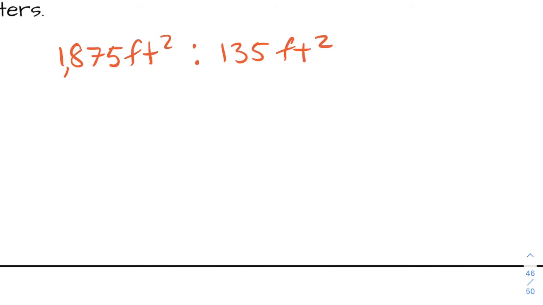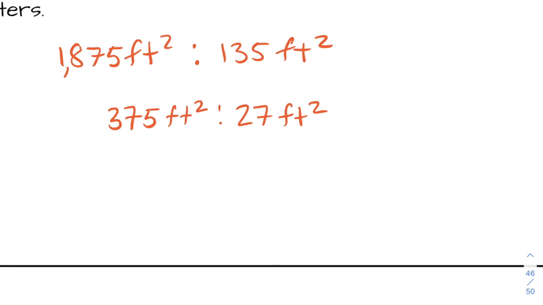1875 divided by 5 is 375. So 375 feet squared is to 135 divided by 5, which is 27 feet squared. And I'm going to take a look to see if they both have a 3 in common. Oh, they do.